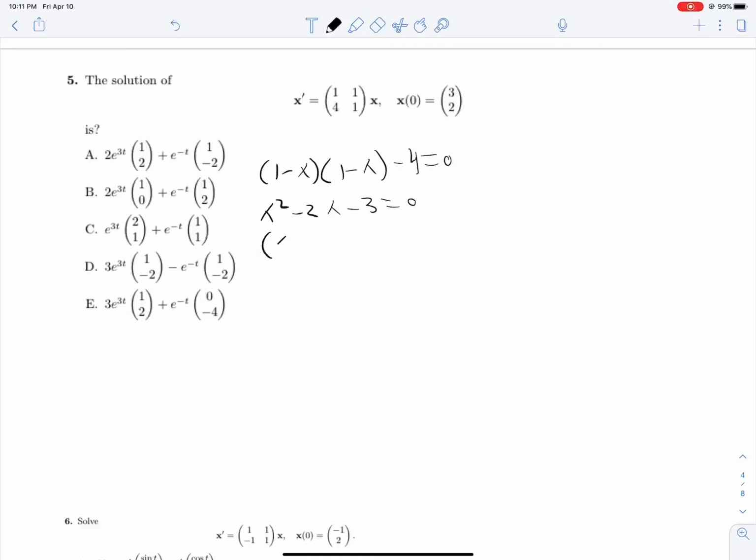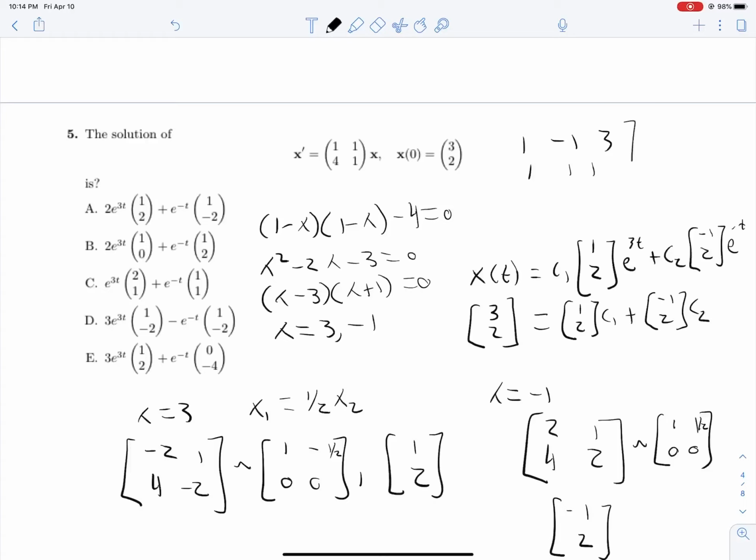And plugging in t equals 0, we see that 3, 2, using our initial condition up there, is equal to 1, 2, c1 plus -1, 2, c2. We can make this into yet another augmented matrix, 1, 2, -1, 2, 3, 2.